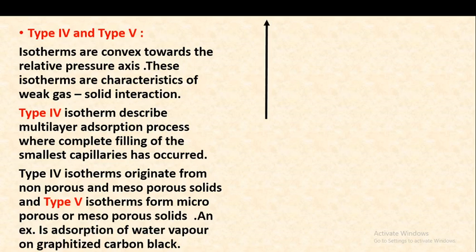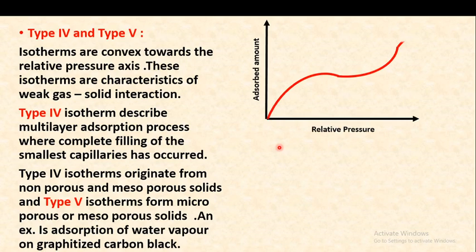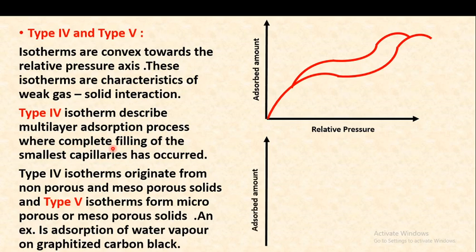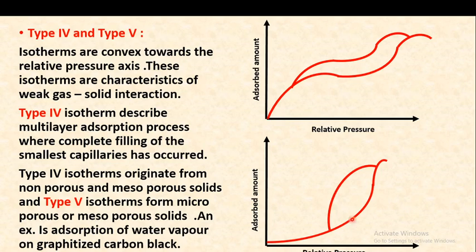So what is the nature of the graph for the type 4? If we plot a graph of adsorbed amount versus relative pressure, we get a graph like that. So here is the formation of multilayer, and the smallest capillaries are completely filled by the adsorbent. And the nature of the graph for the type 5 isotherm, again plotted adsorbed amount versus relative pressure, so we get a graph.